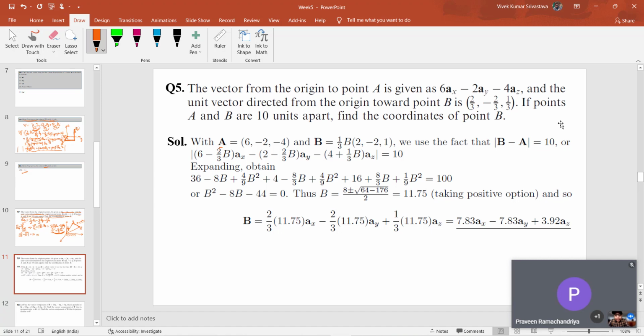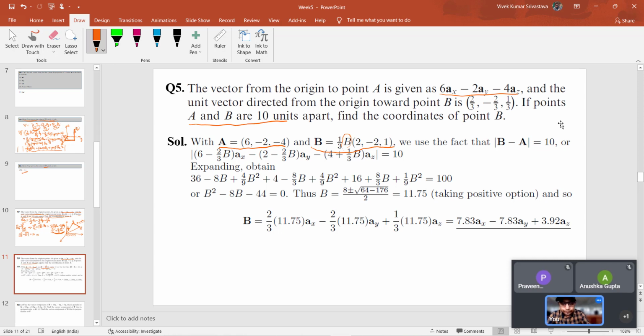Vector A has already been given to you. Vector B, as I said earlier, you have to multiply the unit vector with the magnitude of this vector B. So this represents the two vectors, and then you have to find the distance between vector A and vector B, which represents the 10 units.